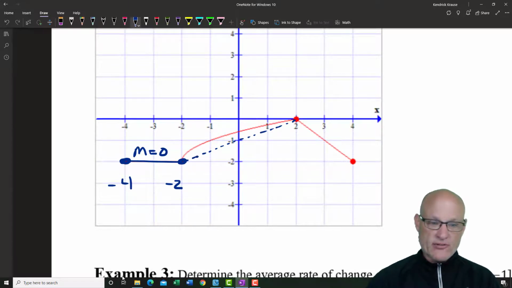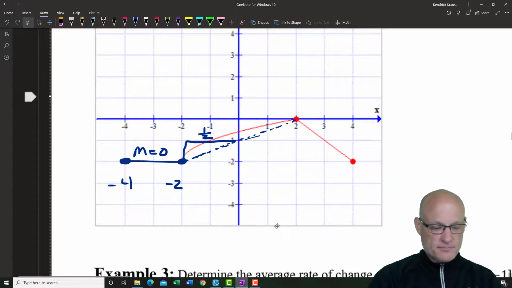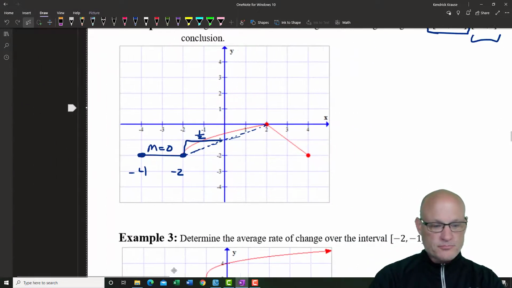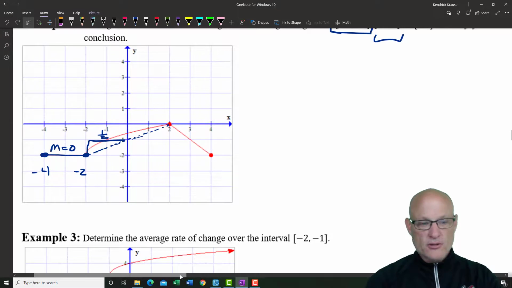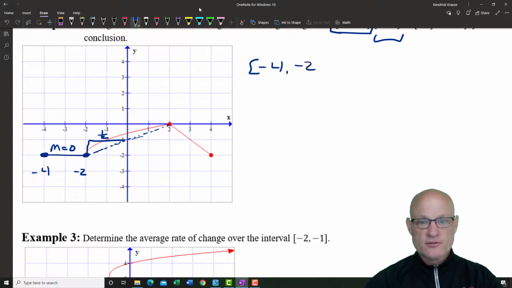So if I look at that, the slope between these 2 points is up 1 over 2. So this is 1/2. So the slope of that would be 1/2. Let me shrink up a little bit. So for -4 to -2, the slope equals 0.